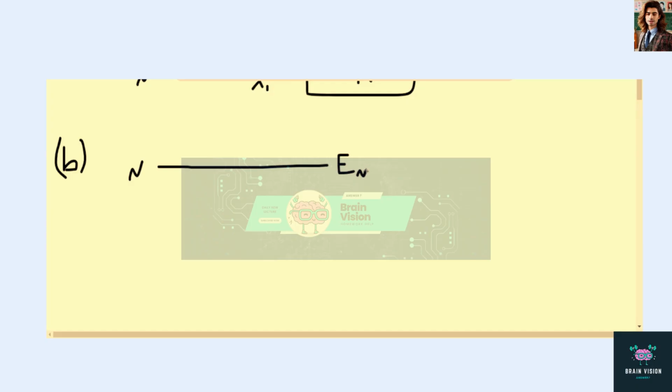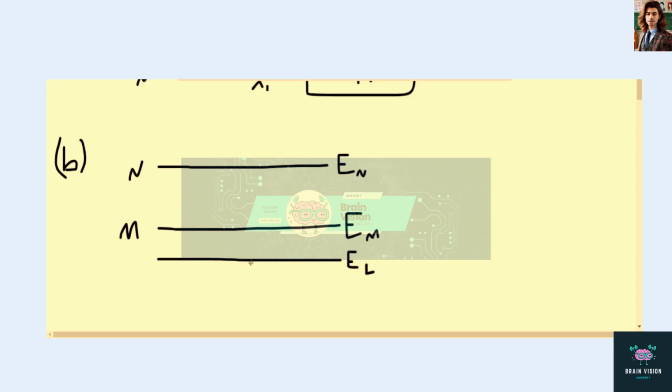The next highest shell is the M shell with 10 keV, so it's a little bit farther up. We call this E sub M. And if you notice, the M shell and the L shell aren't too far away, 10 keV to 11.7 keV, so this jump isn't quite as far as the N to M.